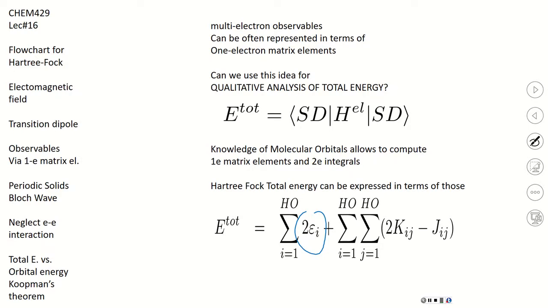So I'm walking in circles. We were starting from total energy as the matrix element of the Hamiltonian between bra and ket Slater determinants, which is heavy multi-electron stuff. And it includes both eigenenergies of orbitals and Coulomb exchange.